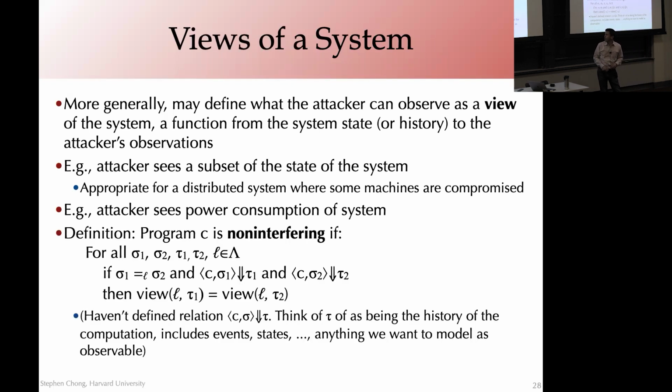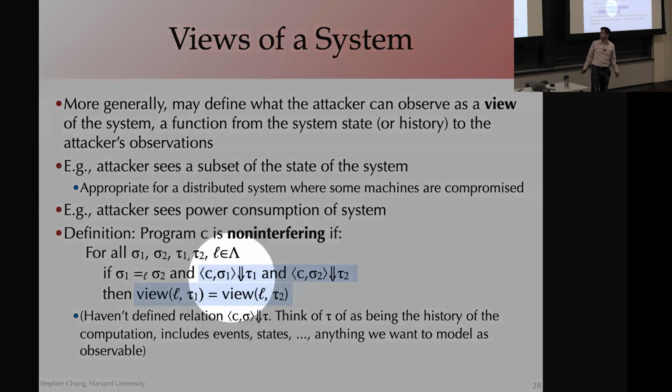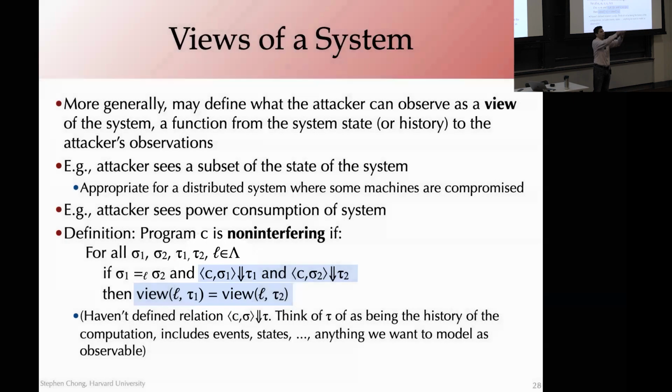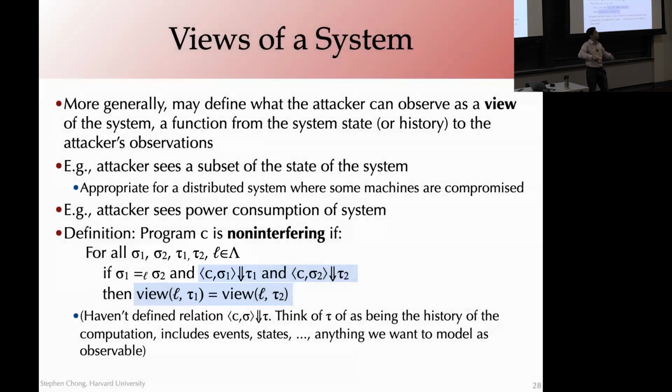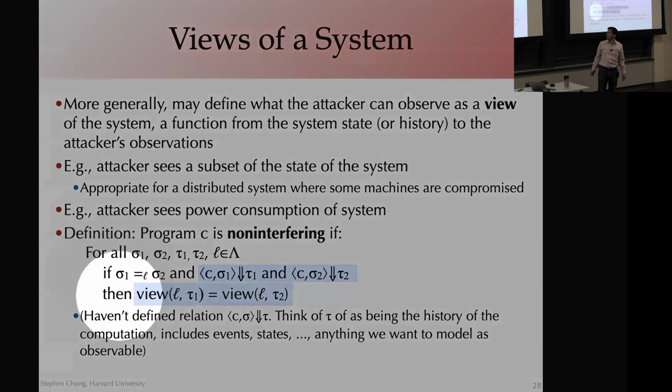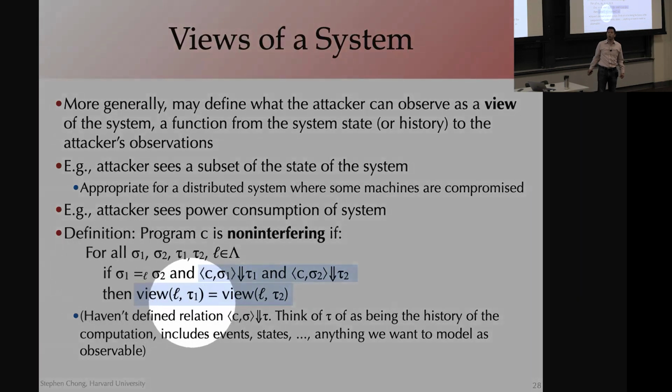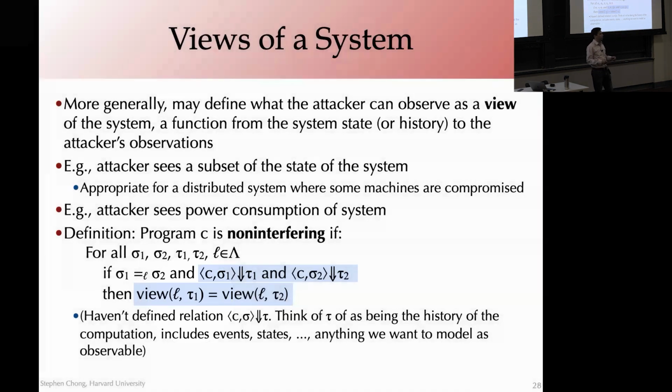So we can come up with a definition of non-interference that really just generalizes this idea, assuming that we have some history of the computation, some generalized notion of trace, maybe the sequence of states that's produced, and some function that tells what an attacker at level L is able to view about that history of the computation.